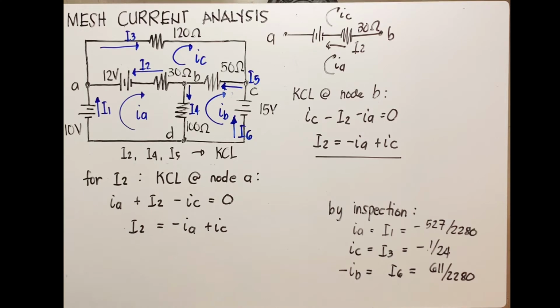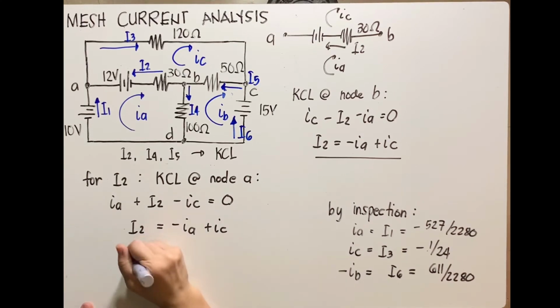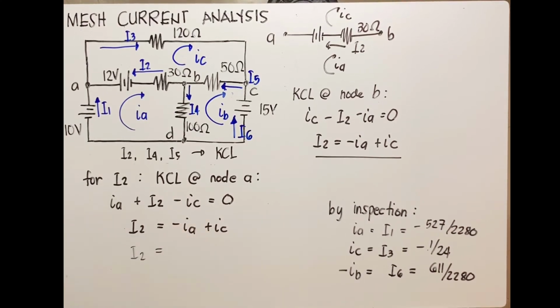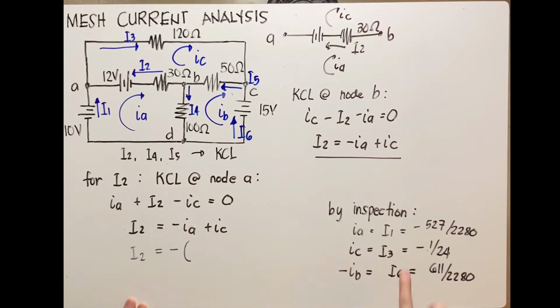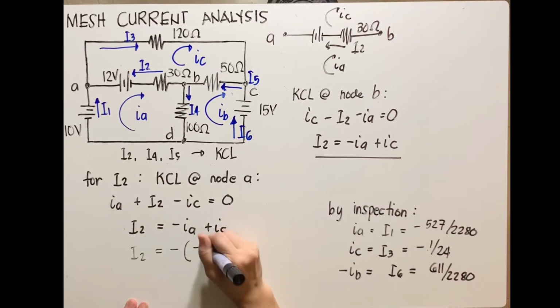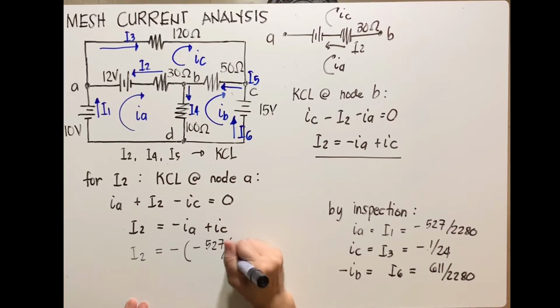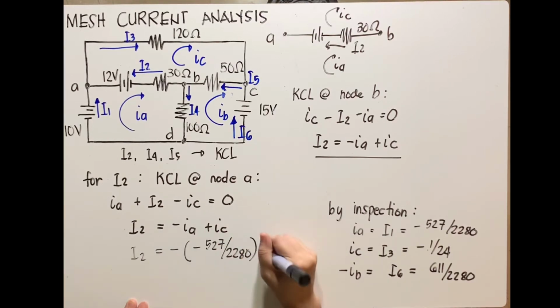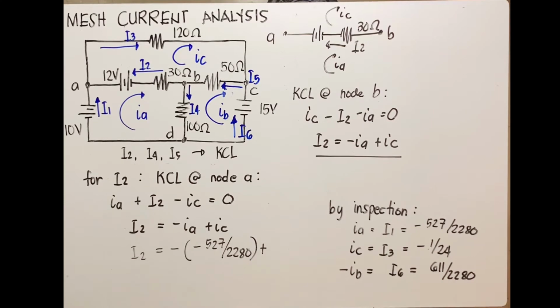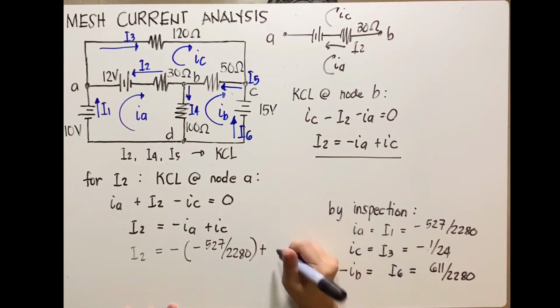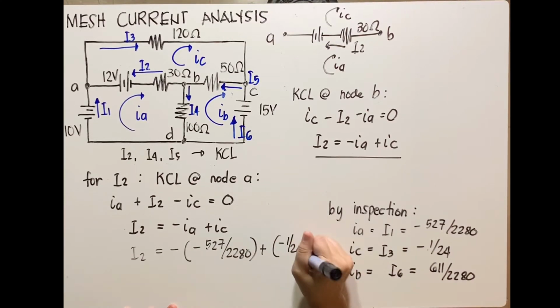Okay, so anyway, ibig sabihin, pwede ko nang masolve dito si I2. So, I2 is equal to the negative of IA. What's IA? IA is negative 527 over 2280 plus IC. So, IC is equal to negative 1 over 24.